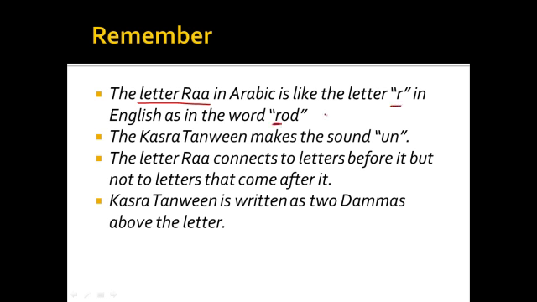Now, again, the Ra also differs slightly from the English R. We have to remember that the Ra is closer to the back of the front teeth, the tip of the tongue touching the back of the front teeth.